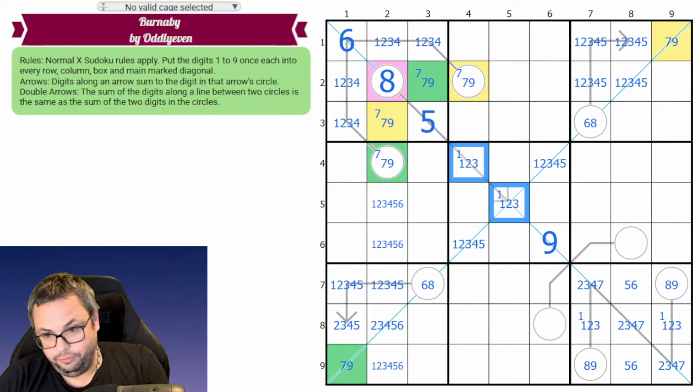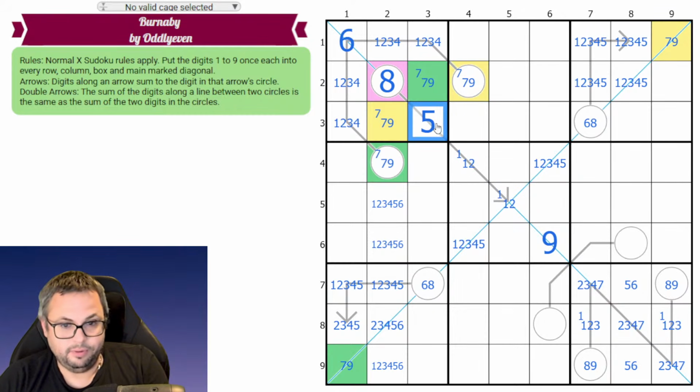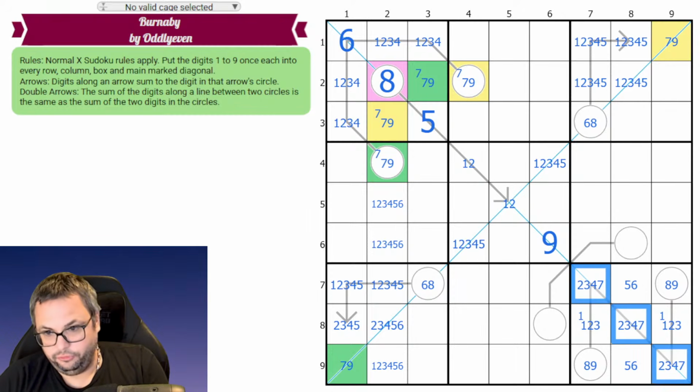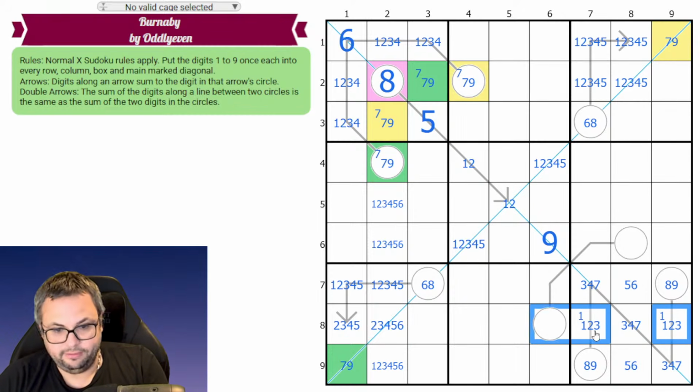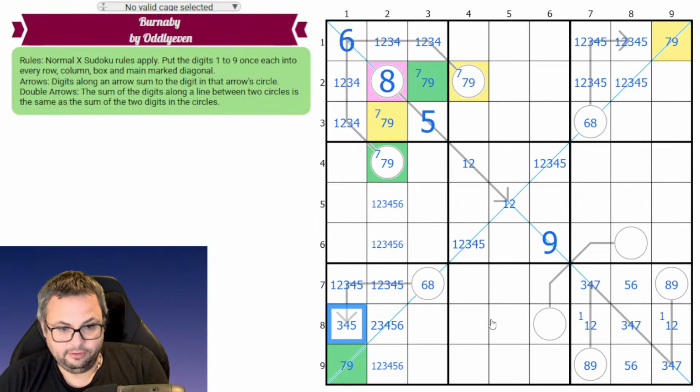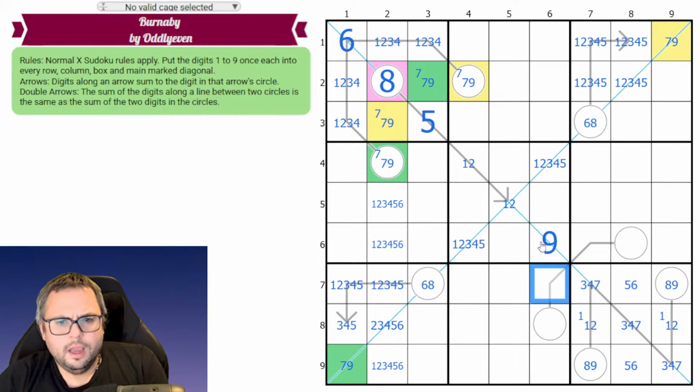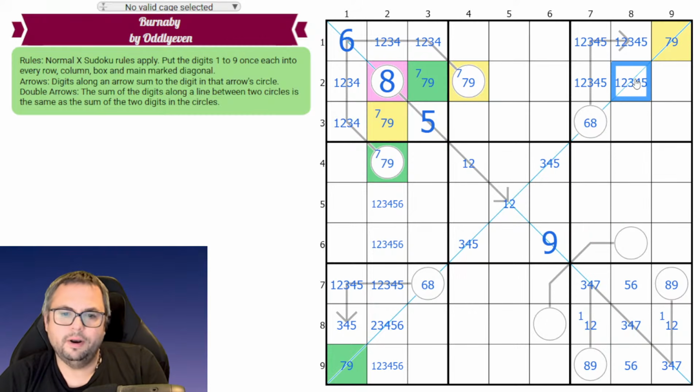These are 1, 2, as has been pointed out, because 5 and 1 and 2 are what add to 8. That knocks 2 out of these cells, which makes these a 1, 2, which means that's not a 2 either. Let's see. These aren't 1, 2 either. So where are the 1 and 2 on this diagonal?